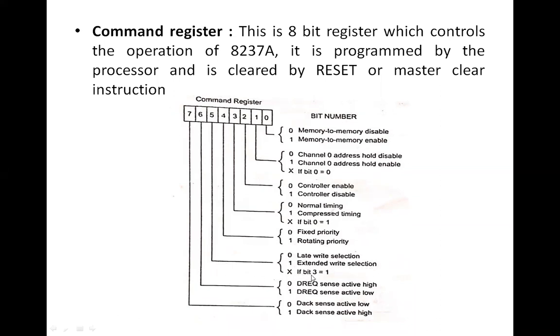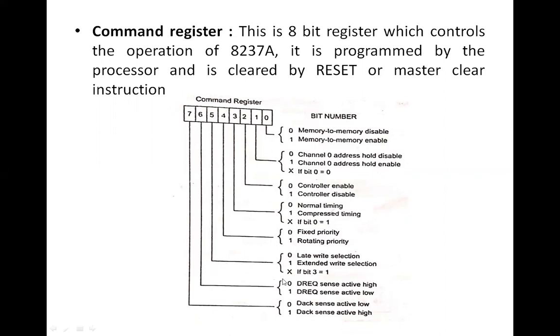It is not used if bit 3 is equal to 1. If bit number 6 is 0, the data request sense is active high, and if bit number 6 is 1, the data request sense is active low. Bit number 7 gives the acknowledgement signal sense: active low when 1, and when 0, the data acknowledgement sense is active high.